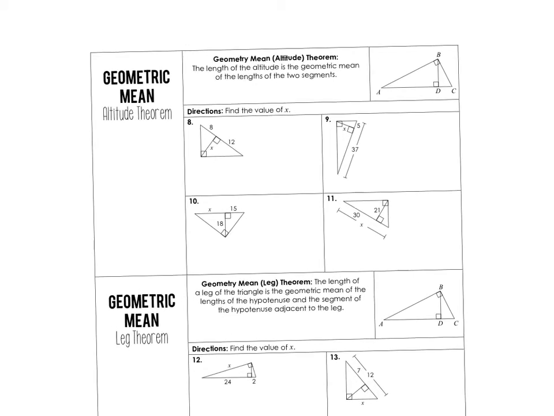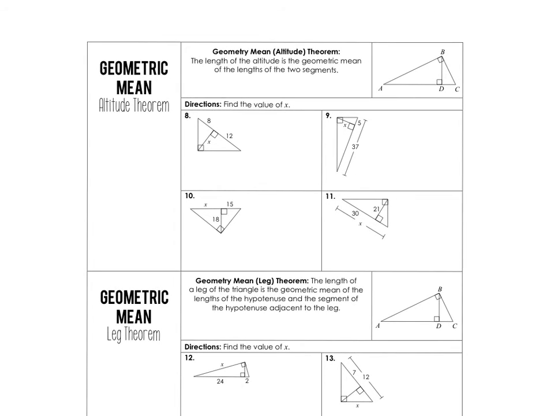Okay, I'm going to explain the second page again. It says the geometric mean is the length of the altitude. In this picture, the altitude is BD. That's your altitude.